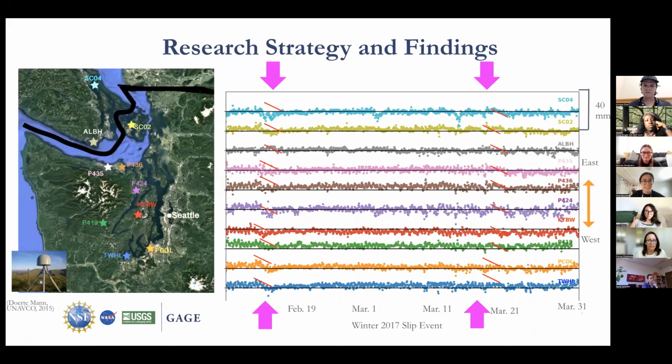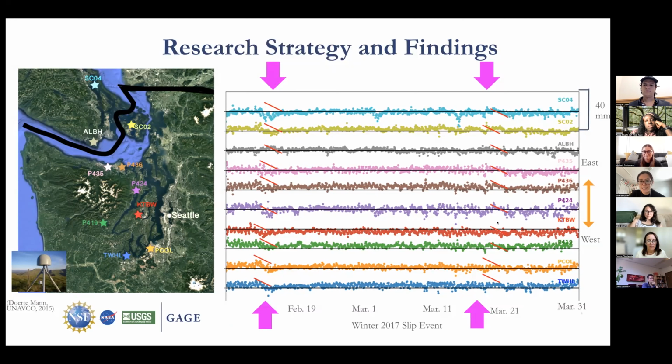So GPS stations send their coordinates back to the satellite every 30 seconds. And usually when slow slip is studied, it's taken as one measurement of displacement per day. So this measurement gives insight into longer week-long processes, but not into important sub-daily processes.